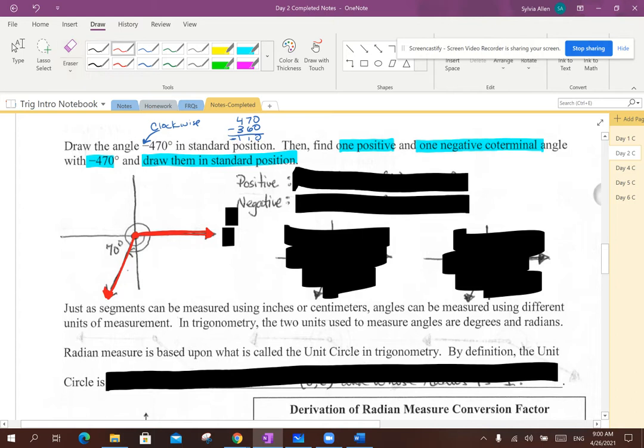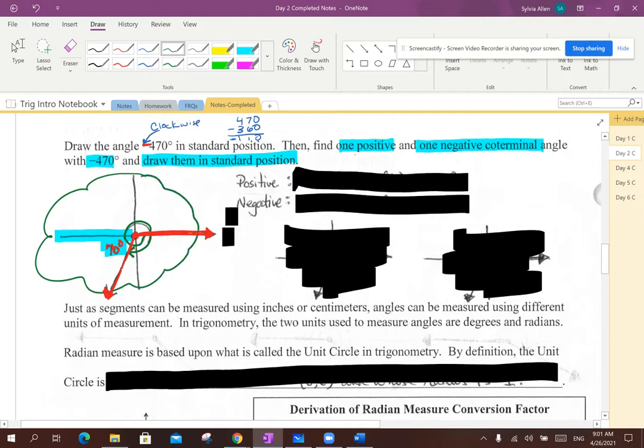If this was 20, remember that I have to have my reference angle to the x-axis over here, which means this is going to be 70 degrees. So I'm going to get rid of my 20. And then remember that it was a negative, so I have to start at the positive x-axis, but I'm going clockwise. So I go around once and then 110 degrees. Okay, so that's what you should have drawn.